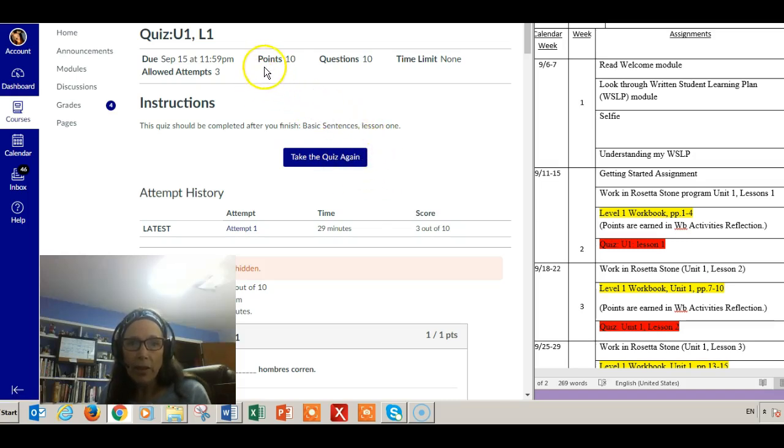Oh, actually, no, they didn't. They got 3 out of 10, but maybe it hasn't been completely scored yet, so they could take the quiz again. It might just be that I have to go in and finish scoring it, so it could be that 3 of them are computer scored right away.